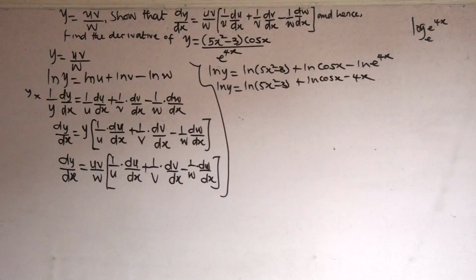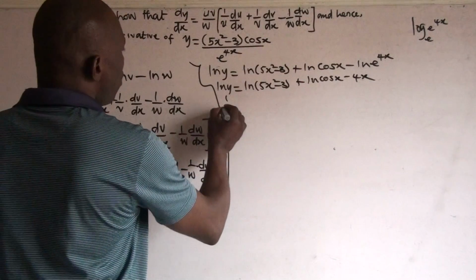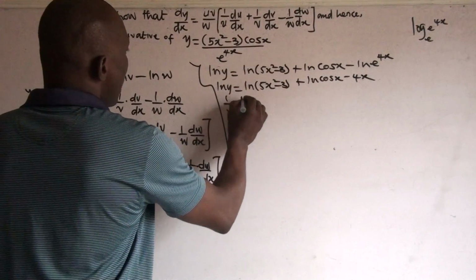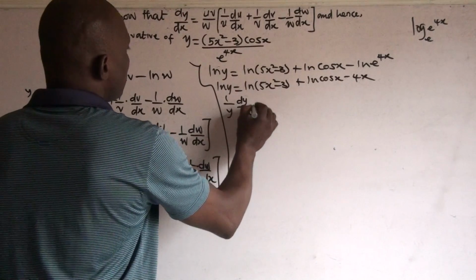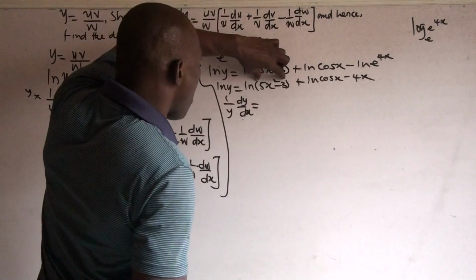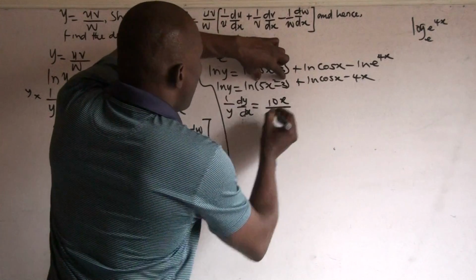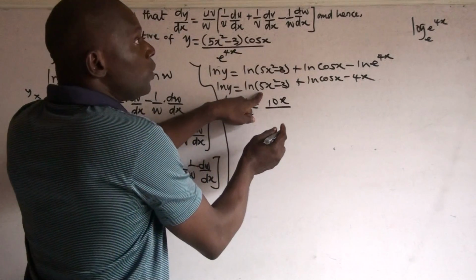Okay, so here let's now find the derivative of this. This will become 1 over y, dy/dx. So we differentiate the inside now. When we differentiate this side, it becomes 10x all over u.